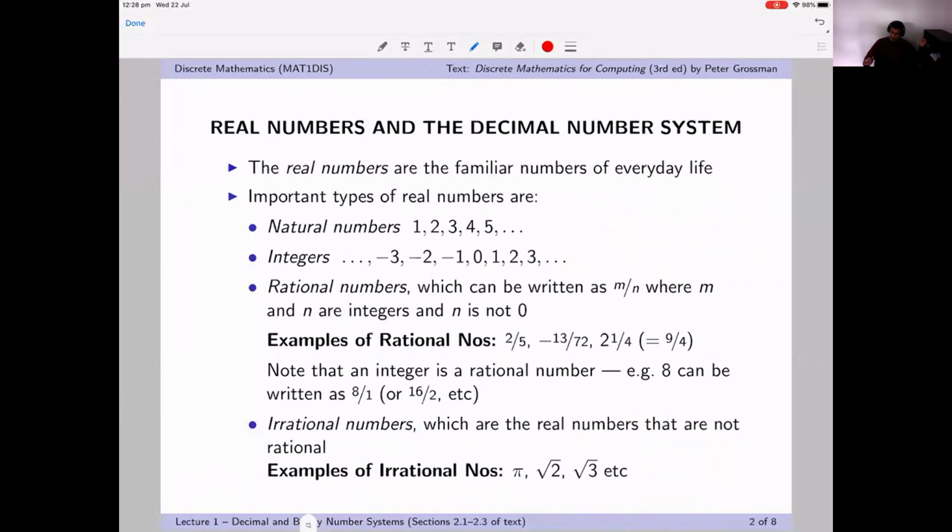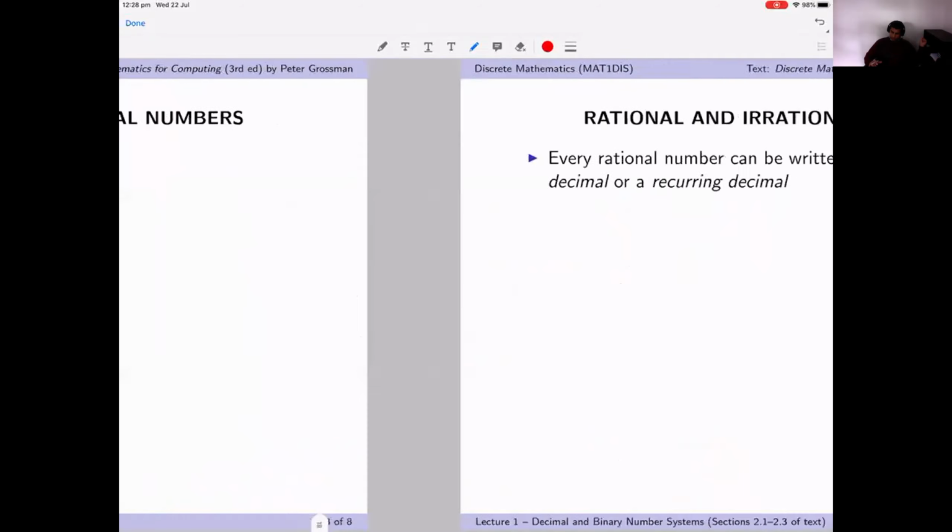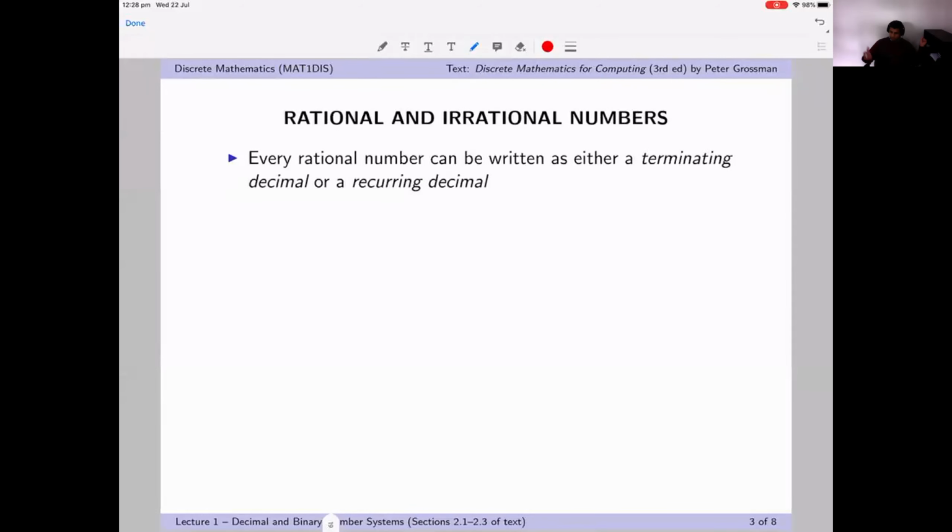So this brings us to a bit more about this. What are rational and what are irrational? Every rational number can be written as either a terminating decimal or a recurring decimal. So we are looking at the types of rational numbers.